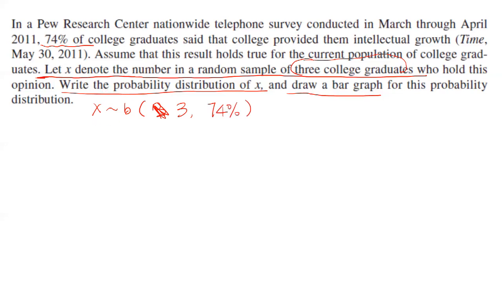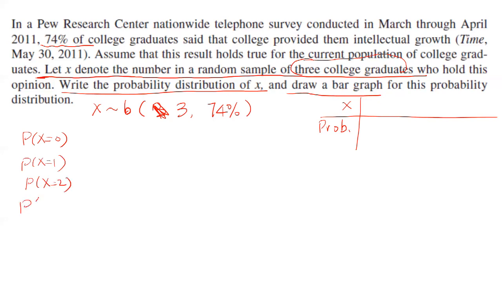If we want to find the probability distribution of X, we need to find all the values that X can assume and the corresponding probabilities, right? So here N is 3, so X can be 0 and can also be 1 or 2 or 3, right?